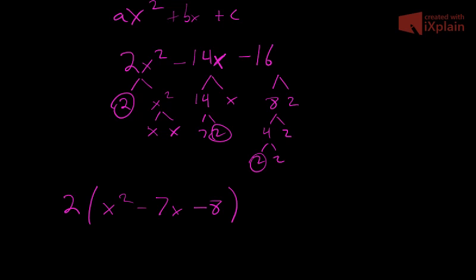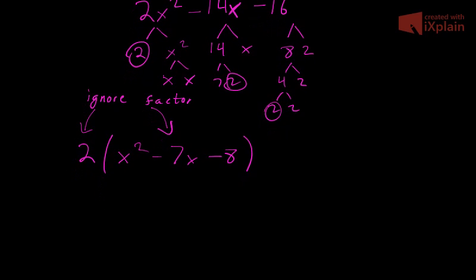And just like that, I have something that I can factor the inside of the parentheses and just ignore the 2 for now. So I'm going to ignore the 2, factor what's left inside. And if I factor what's left inside, I need to find two numbers that are going to multiply to negative 8 and add to negative 7.